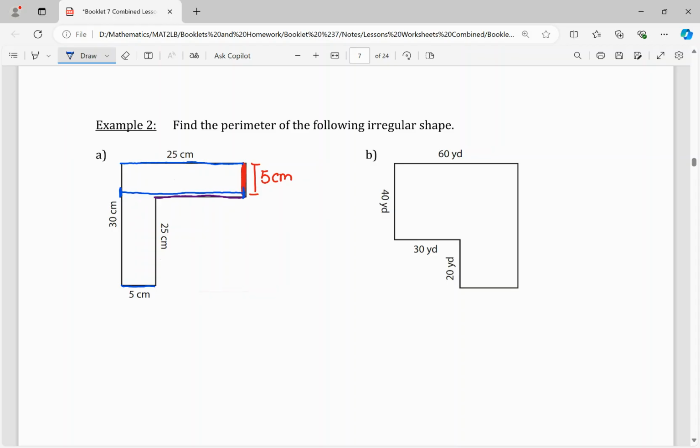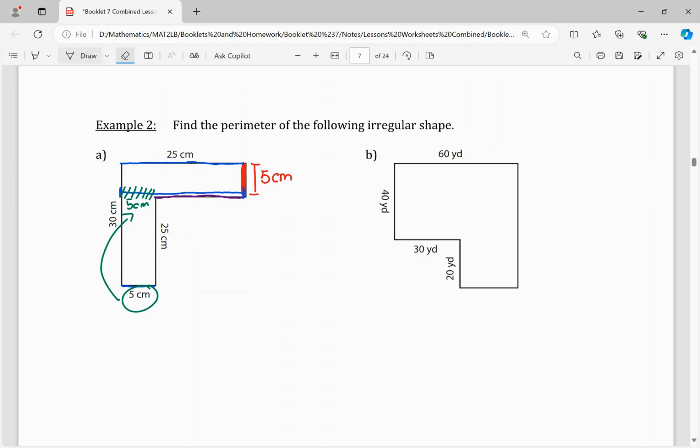Now, again, that is too large. If only I could cut out this bit right here in green, it would be the same length. And I can do that because I know that this green length is 5 centimeters, the same as the parallel line below. Just the width of this gap right here is 5 centimeters.